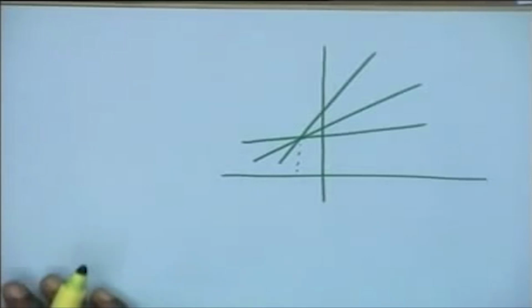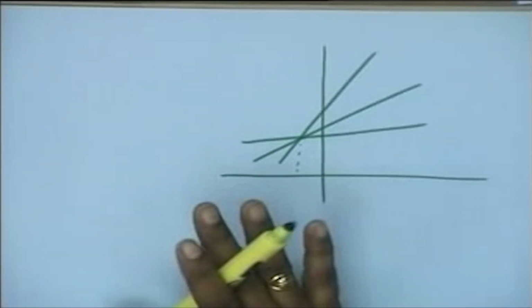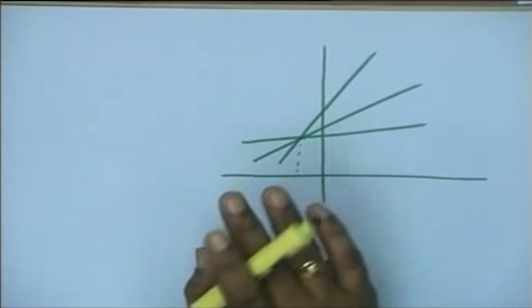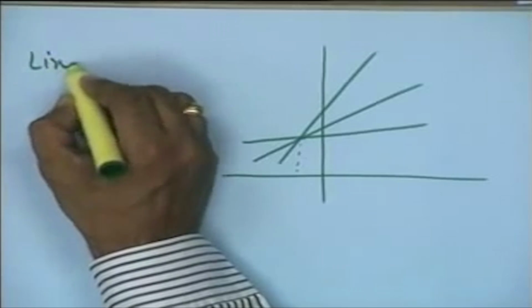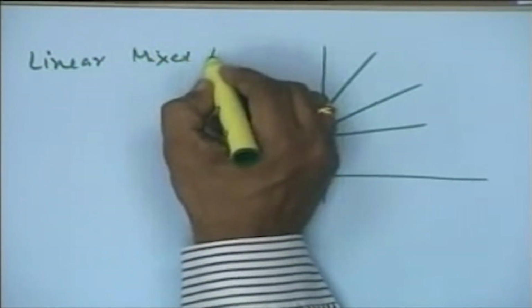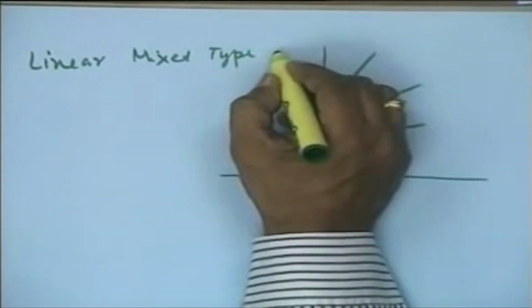Now, such a situation can be considered as something away from ideality. They are a kind of mixed type of inhibition, and as a matter of fact, one of the most commonly observed mixed types of inhibition is what we call linear mixed type inhibition.